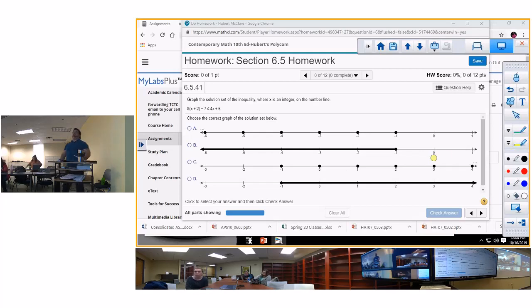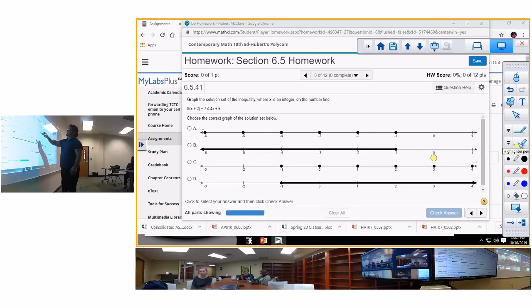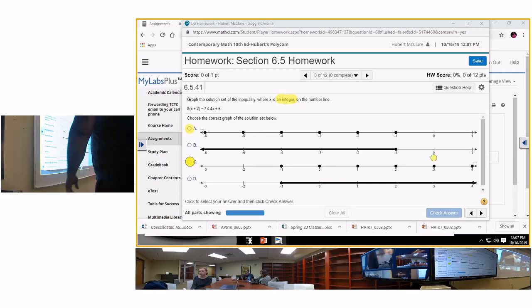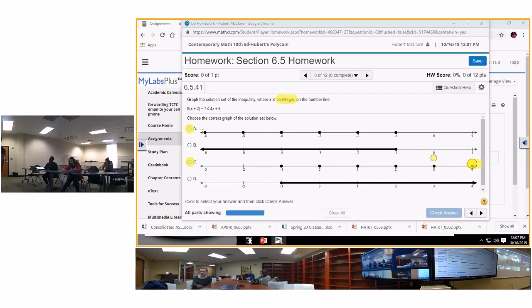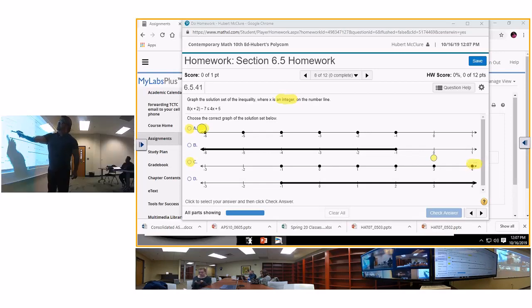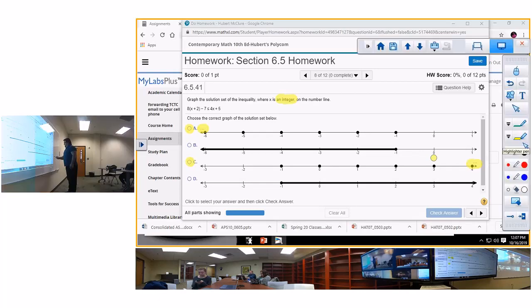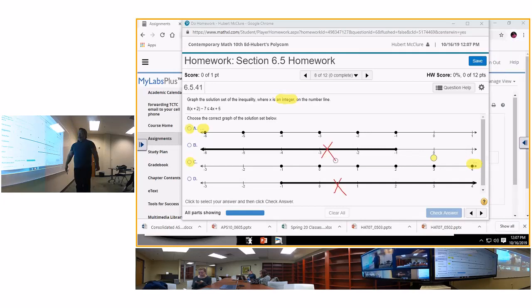Graph the solution set of the inequality where x is a what? Integer. So that means that your only answers are A or what? C. Because integers means what? Dots. There's dots, and here's dots. So that means B is not it, and this one is not it.